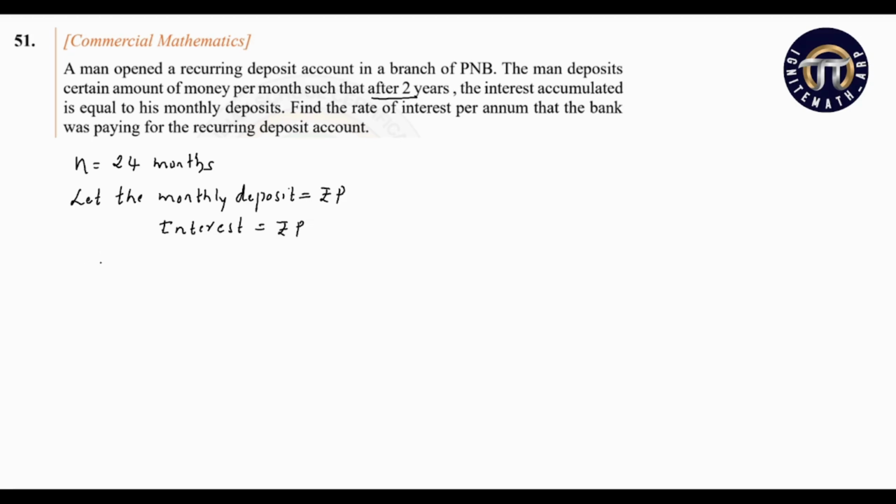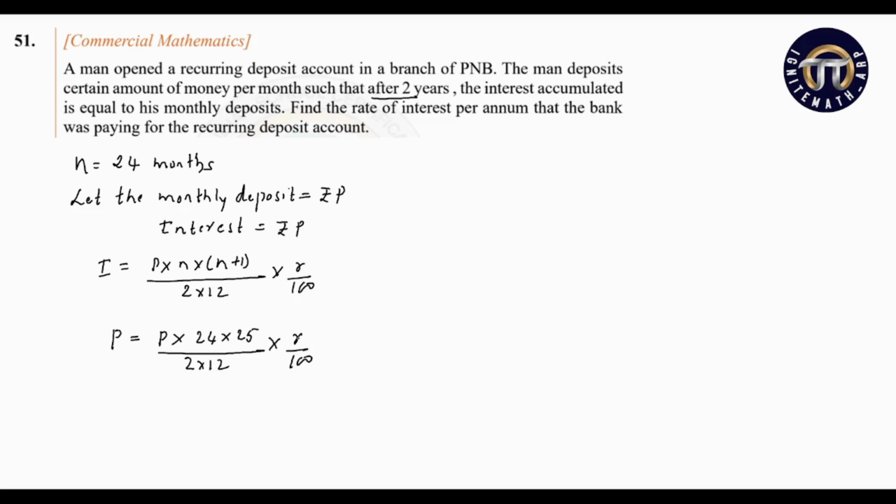So in the case of recurring deposits, we know that interest is equal to p into n plus 1 by 2 into 12 into r by 100. So here interest is p, that is equal to p, then n is 24 and n plus 1 is 25, divided by 2 into 12 into r by 100. We are supposed to find out the rate of interest. Clear, children?